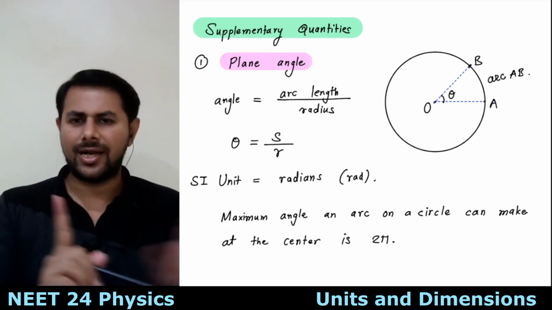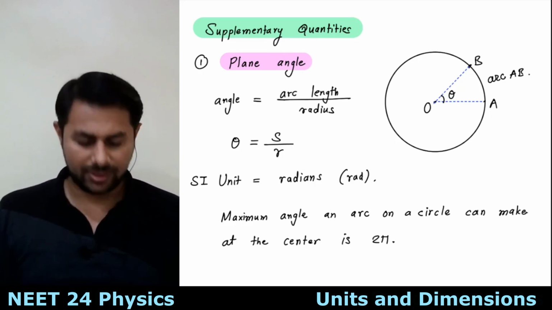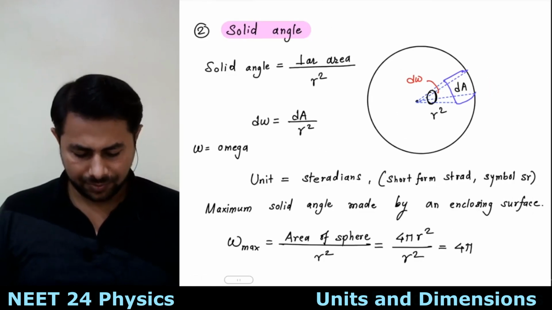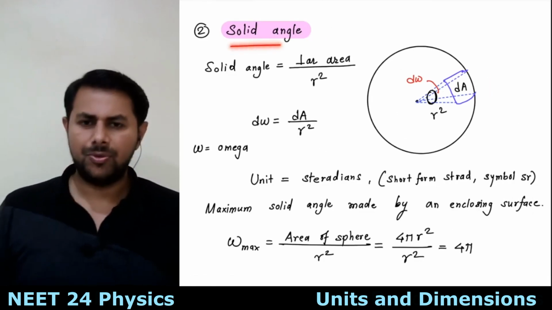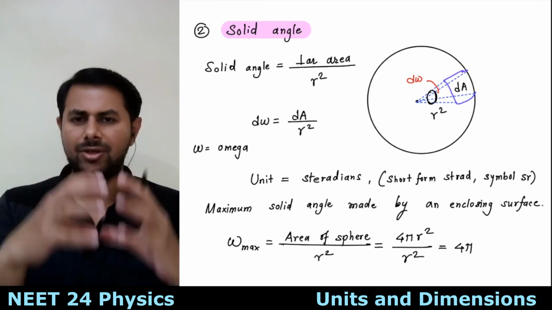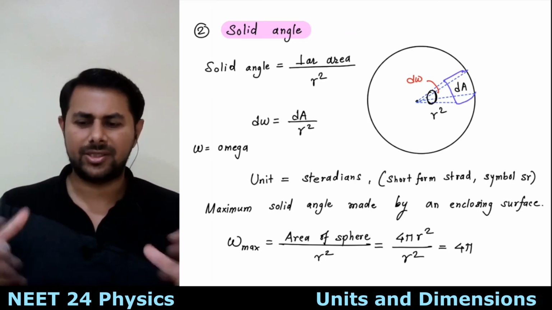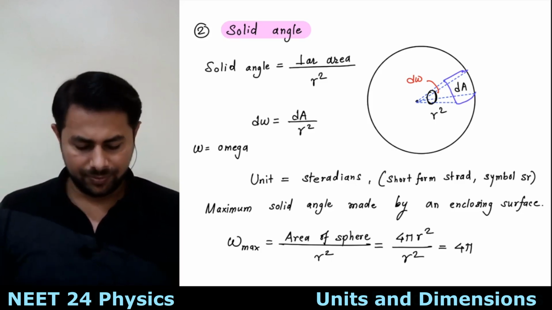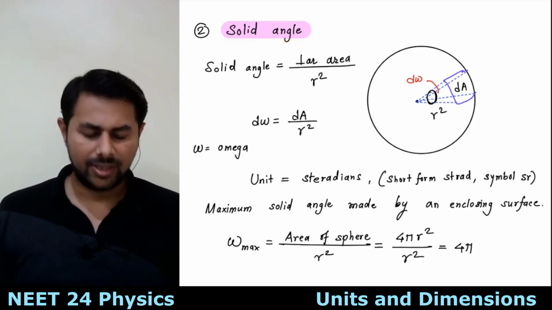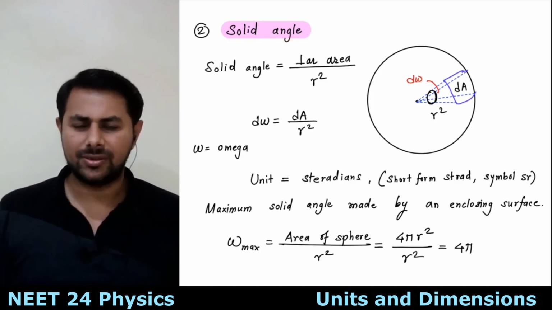You need 2 axes, so that is 2 dimensions. Then if you think about 3D, 3 dimensions, you get solid objects. So next is solid angle. What is solid angle? It's angle in 3 dimensions.